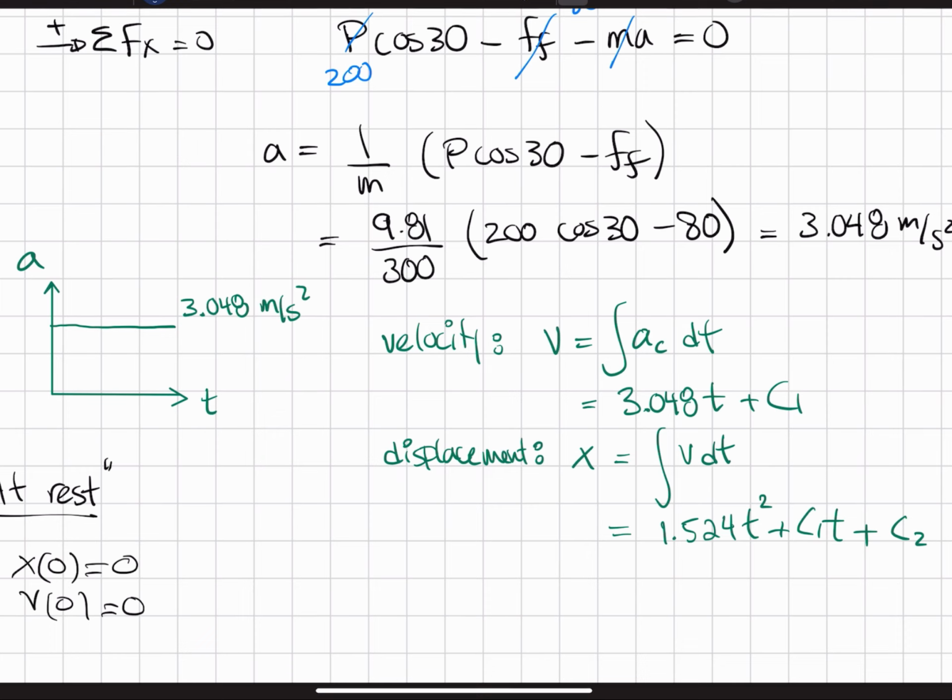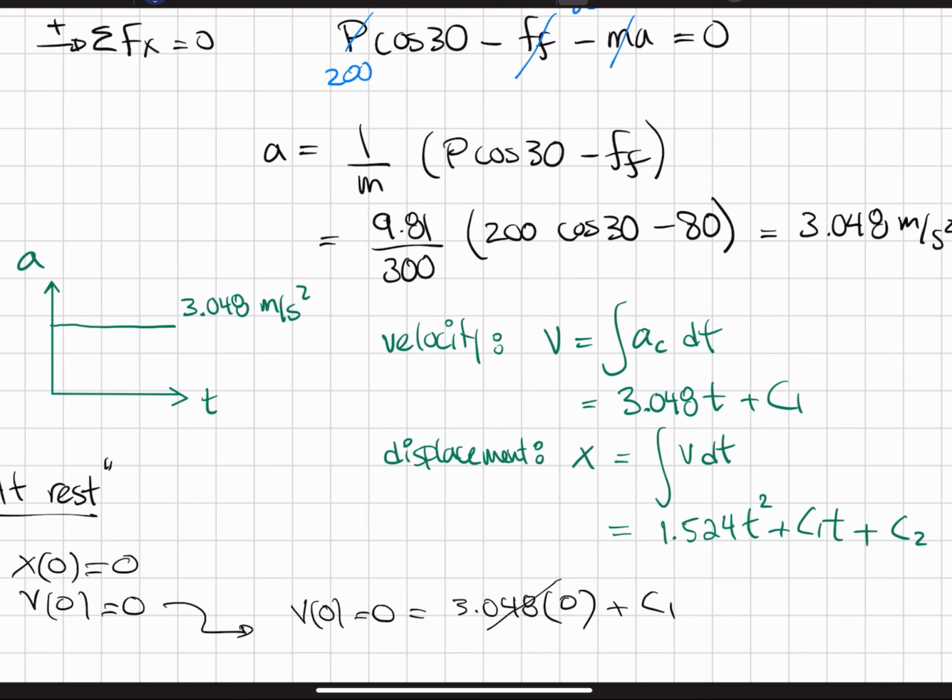So with this second relationship, I can plug it into my velocity equation, and I have v0 is equal to 0, so I have 3.048 times 0 plus c1. This whole thing is 0, therefore c1 must be 0 as well. I can do the same thing for x, and I will get c1 and c2 are both equal to 0. So this tells us that c2 is equal to 0.